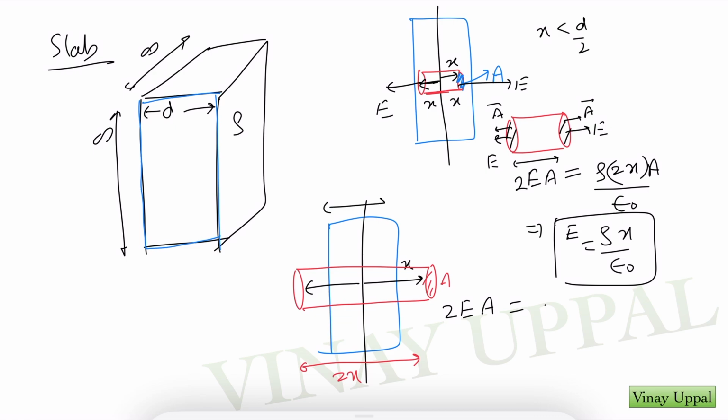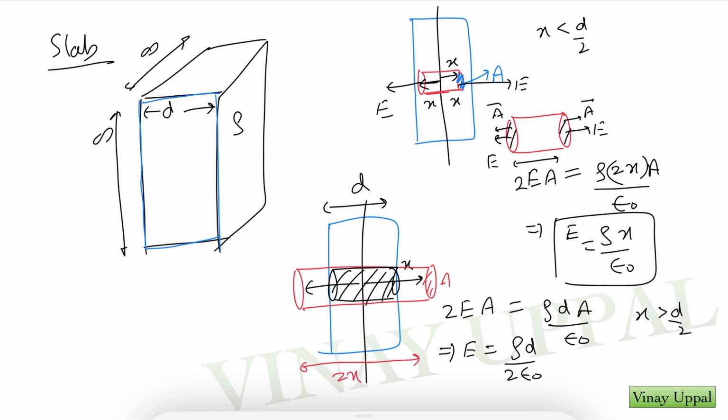So because this distance is d, I'll have rho d A divided by epsilon naught. This shaded portion is the volume of the charge. So this is x greater than d by 2. So my electric field would be rho d by 2 epsilon naught. It will be a uniform electric field outside the slab. So I hope you have understood how we can calculate the field of a slab, once again using Gauss law.